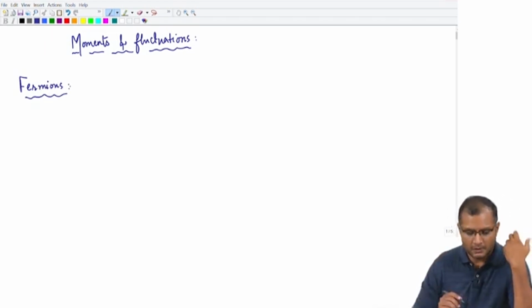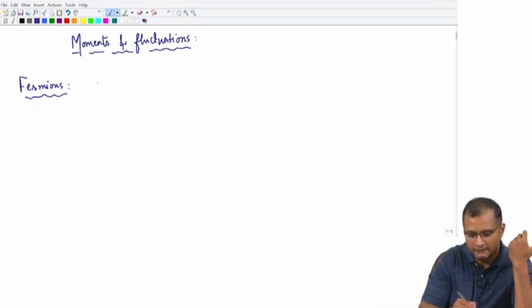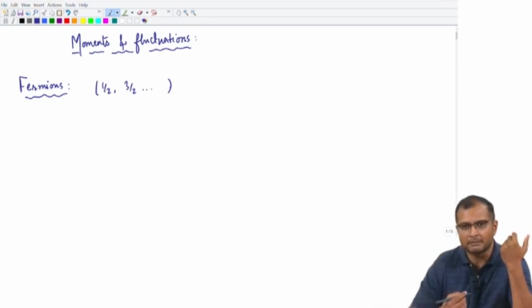So, for fermions, if you recall, these are systems with half-integer spins and we know that their statistics follow the Fermi-Dirac rules.